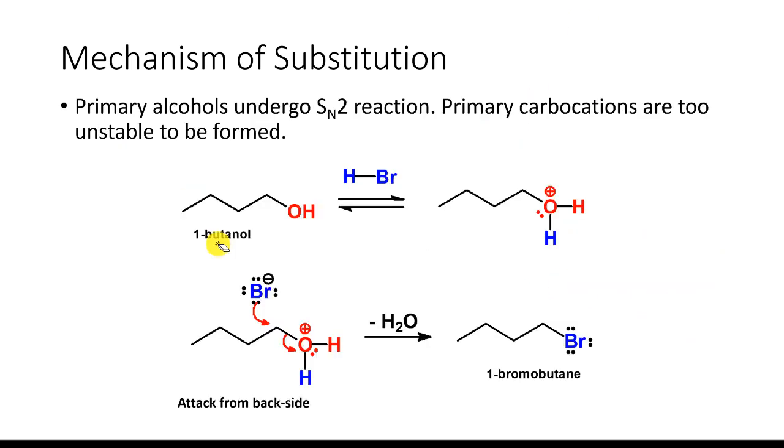Primary alcohols give us similar results, but through a different mechanism. Primary alcohols undergo an SN2 reaction mechanism. The reasons for that are the same as alkyl halides. That is, primary carbocations are unstable, and primary alcohols are relatively sterically unhindered.